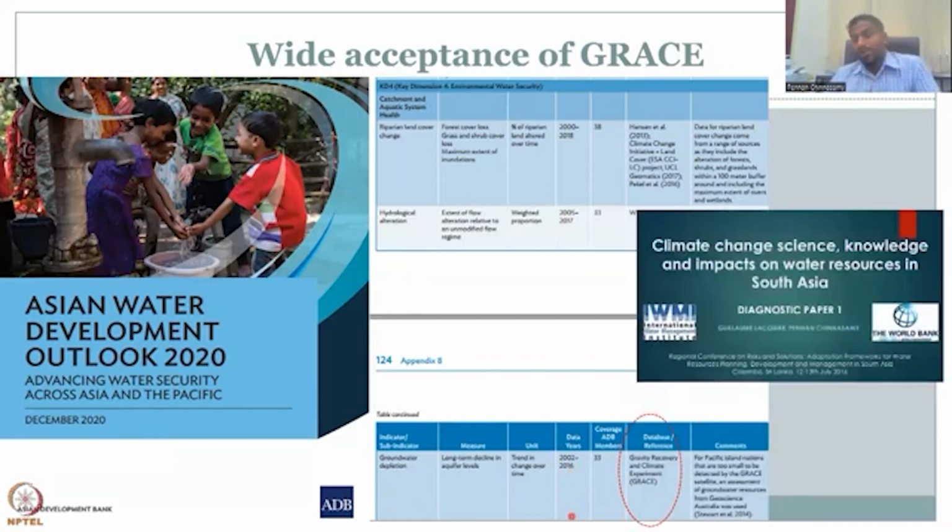This was also reflected in our 2019 working paper on climate change science, knowledge, and impacts on water resources in South Asia, funded by the World Bank. We used the GRACE data again to showcase that, climate change happening or not, people still go into groundwater to access the aquifer water for agriculture, and that has not been that successful.